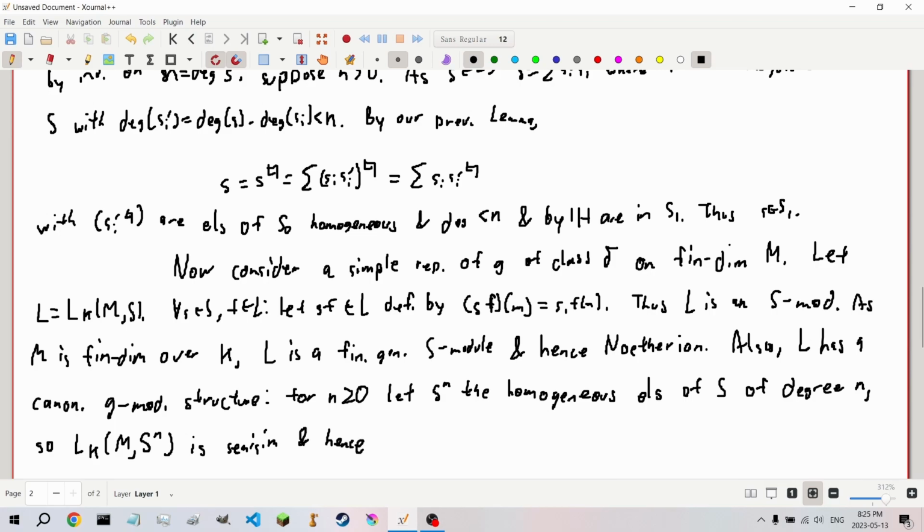And hence the G module L is semi-simple.